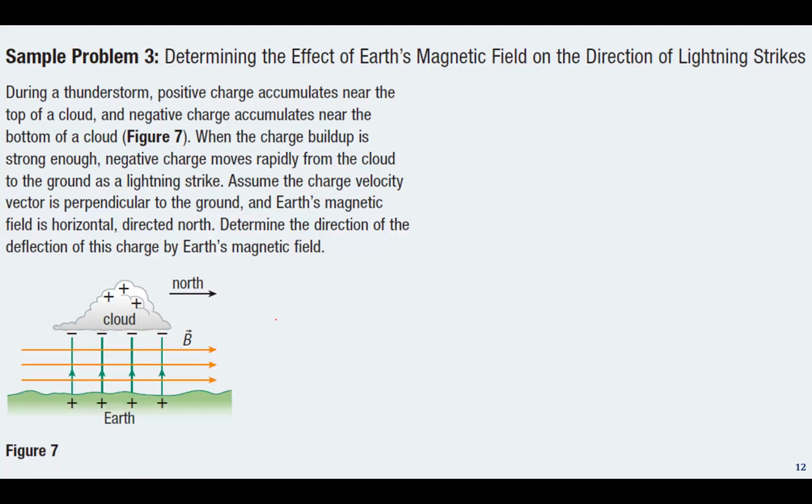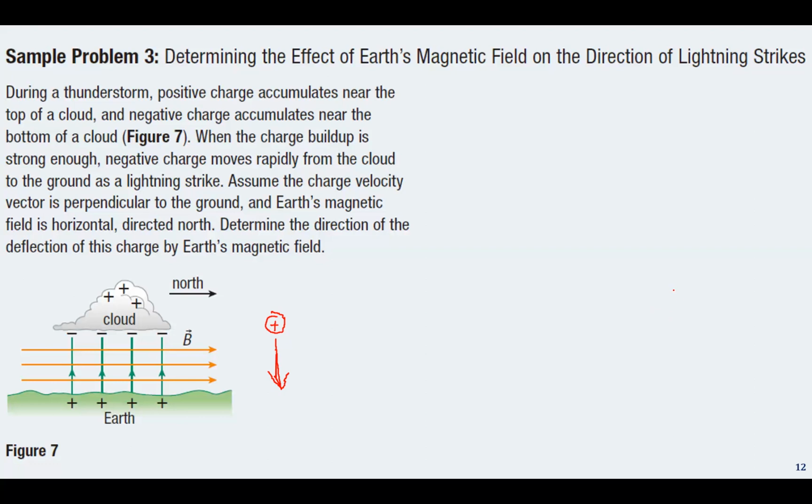Well, actually, assume we have a positive charge here, and if we have a positive charge moving downwards, let's have a look at the magnetic force for a positive charge first. So according to the right-hand rule, we can point the fingers of the right hand in the direction of the velocity of the positive charge from the cloud towards the ground, right?